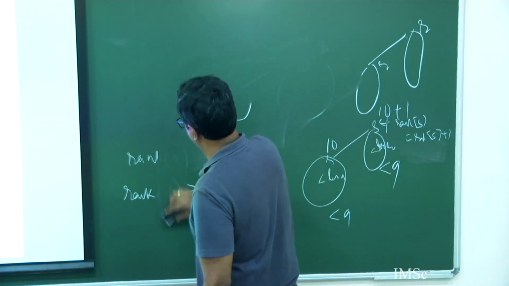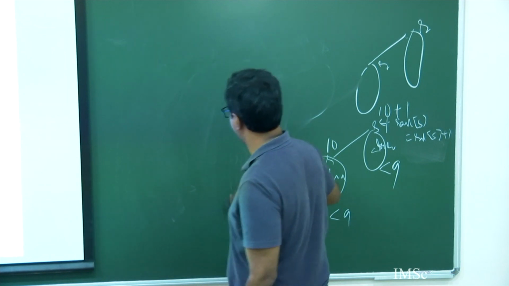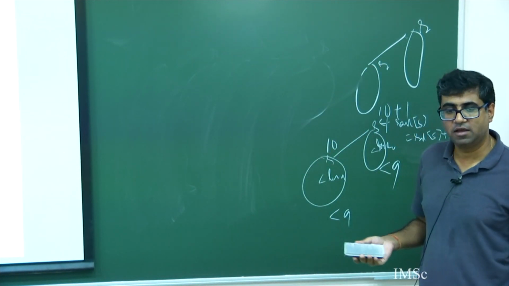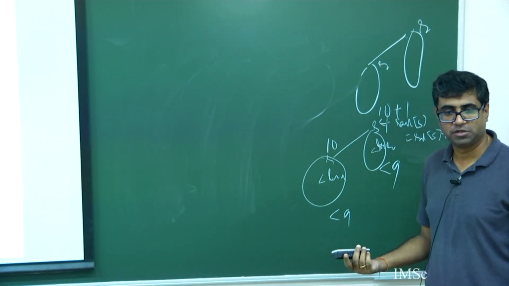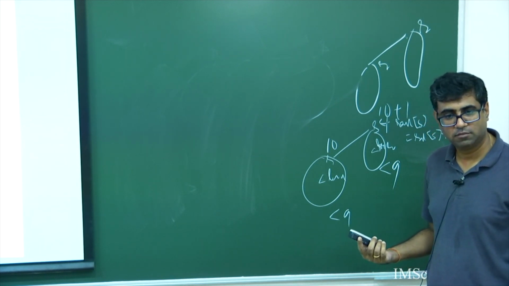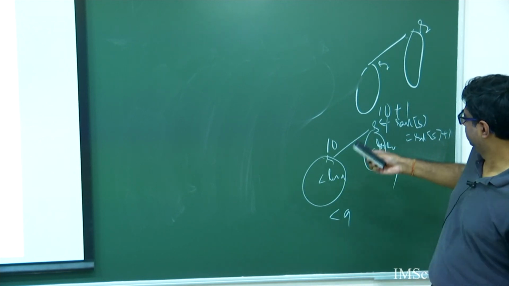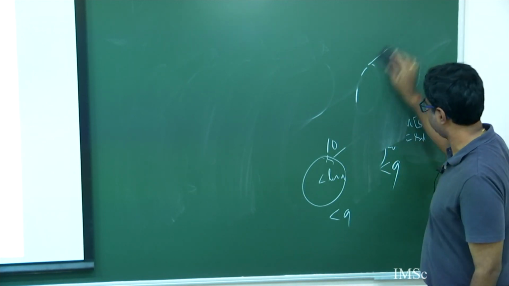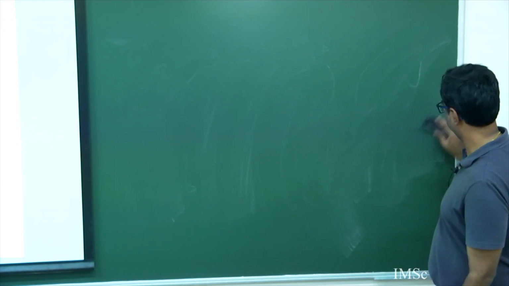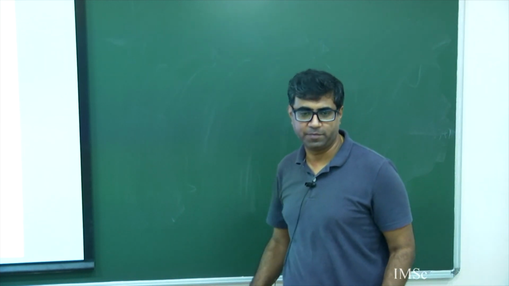So now let's look at what we achieved using this rank. Can we do the find operation in logarithmic time? Is it obvious to see from here? Can you tell me some relation between rank and height?